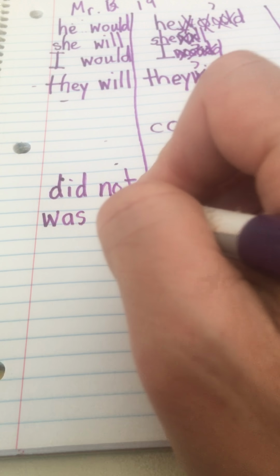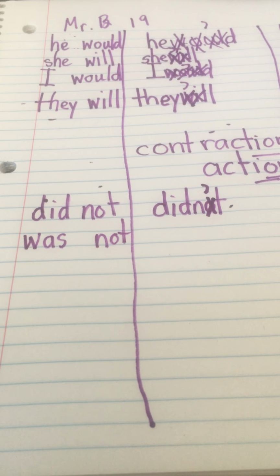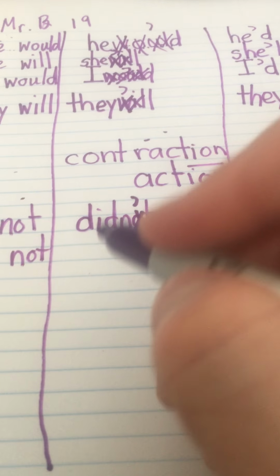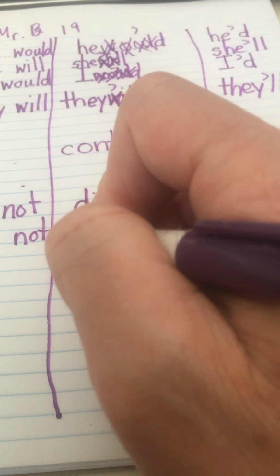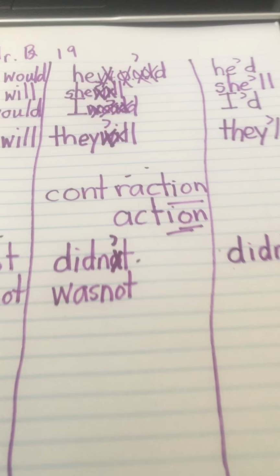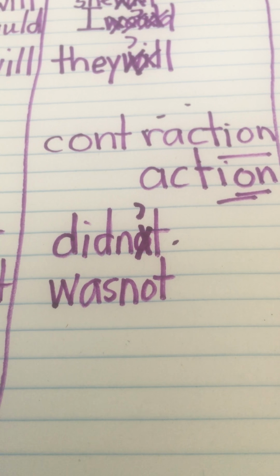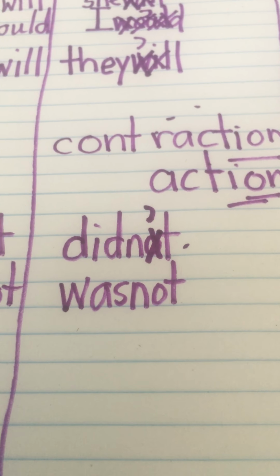In the left-hand column, the two words are going to be was, finger space, not, was not. In the middle column, we're going to make the robot word, so we're going to write was and not with no space between the words because we're contracting them. So now the robot word is was not. Can you say that? Was not.